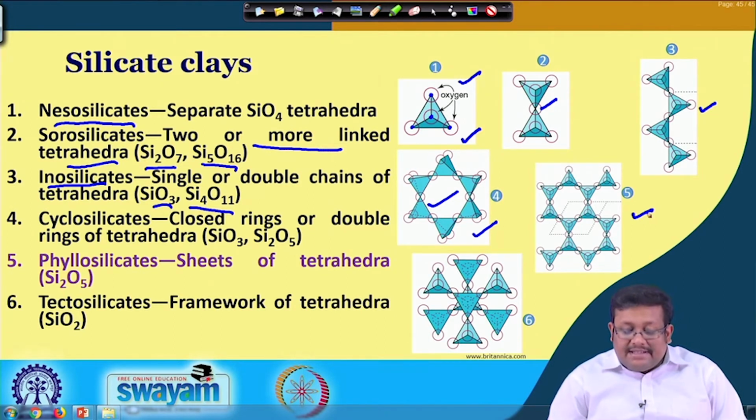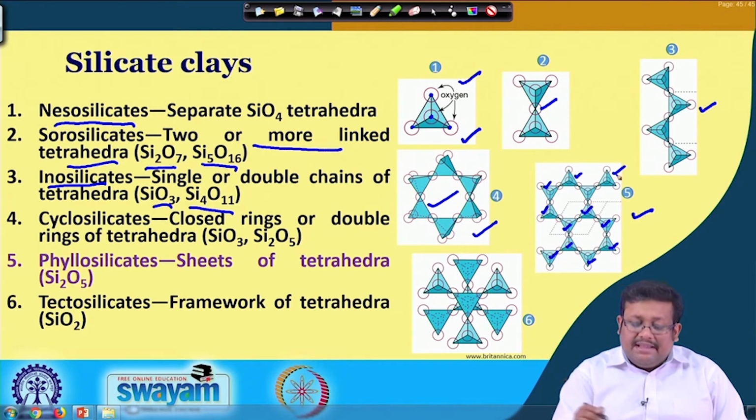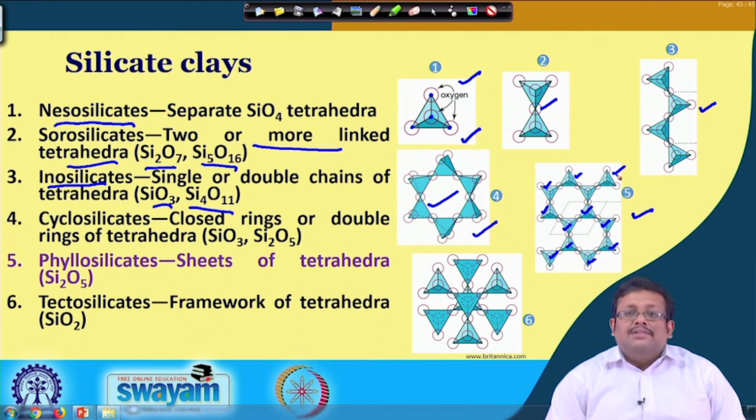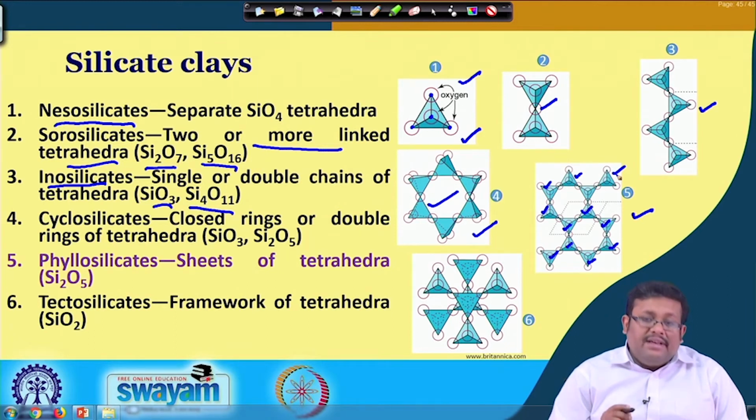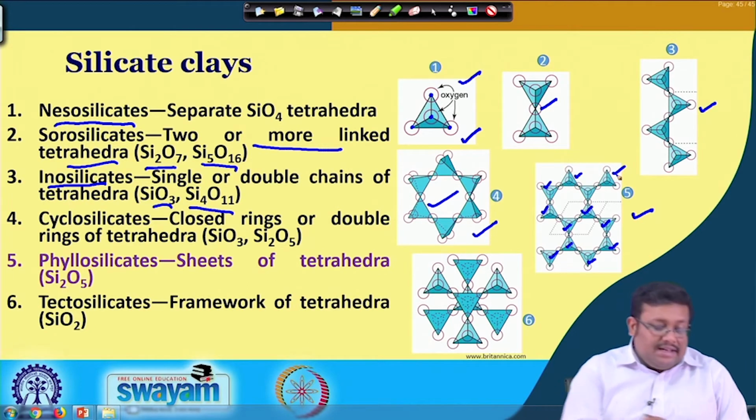Now, phyllosilicates look like sheets of tetrahedra, and all these tetrahedra are sharing their oxygen to form a sheet-like structure or tetrahedral sheet. The phyllosilicate name comes from phylla or leaf-like structure, and the basic unit of this phyllosilicate is Si2O5.